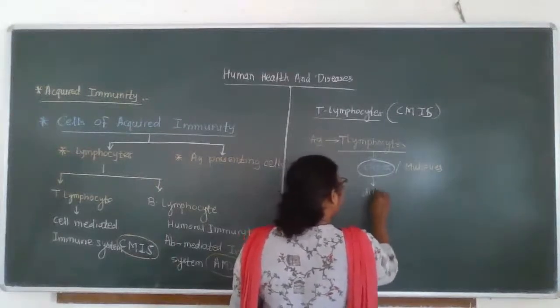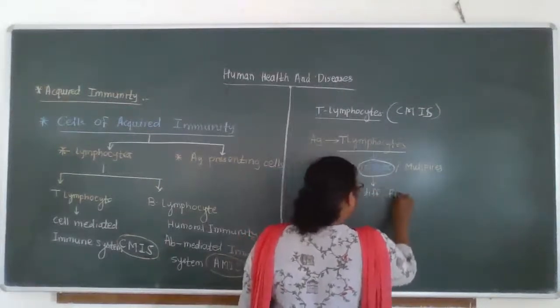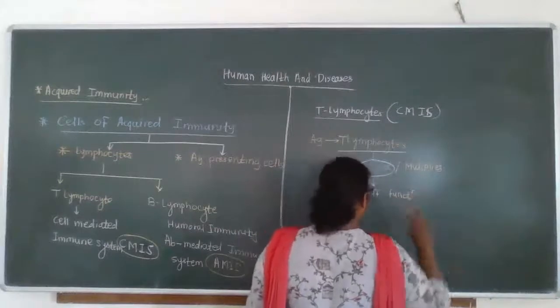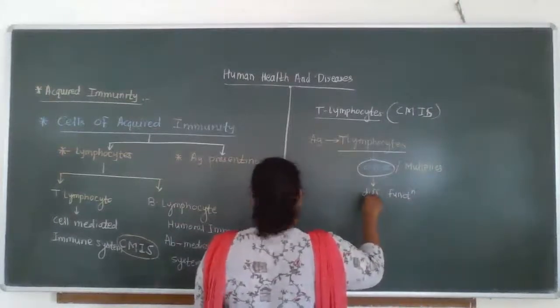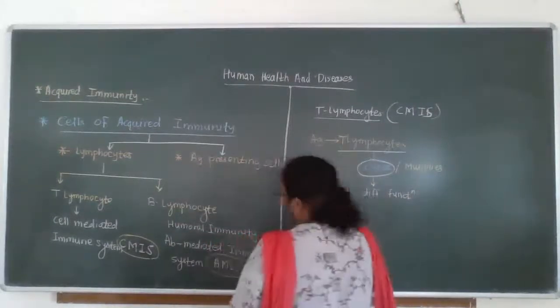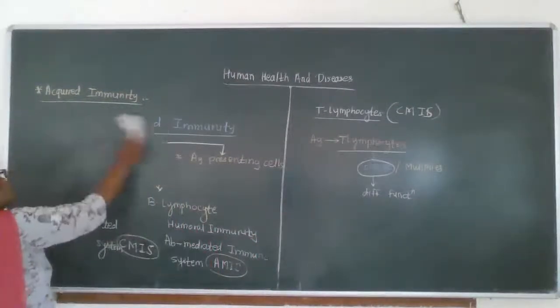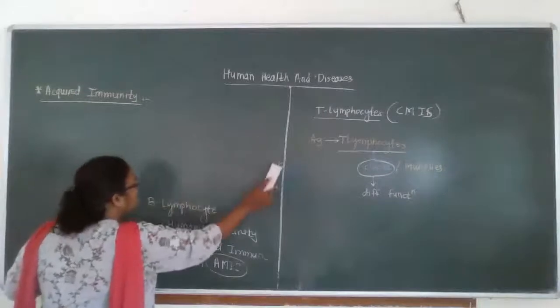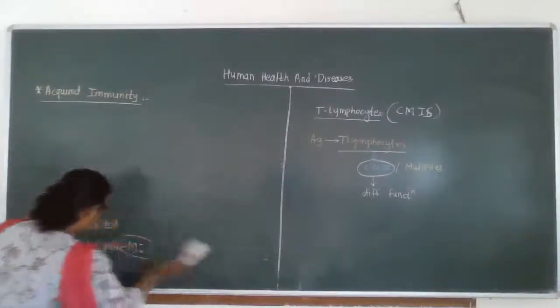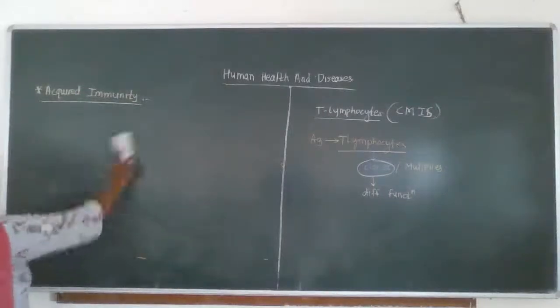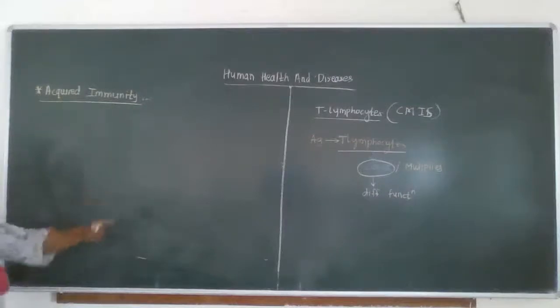According to their function, they are grouped into 4. So now we are turning towards the types of T lymphocytes. Clear, everyone?